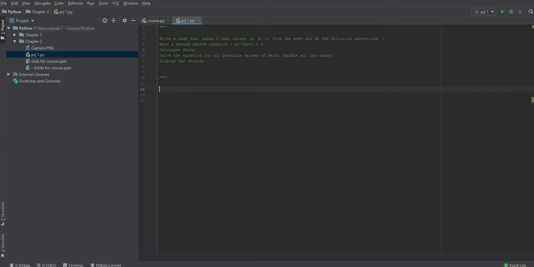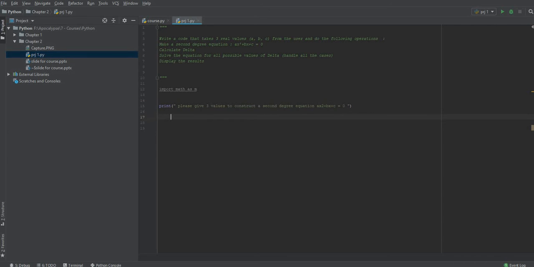This is a little bit about mathematics, so we will try to code all of that here. The first thing we need to do is import the math library, because we will use it. Now the first thing we have to print: please give three values to construct a second degree equation, ax squared plus bx plus c equals 0, right?